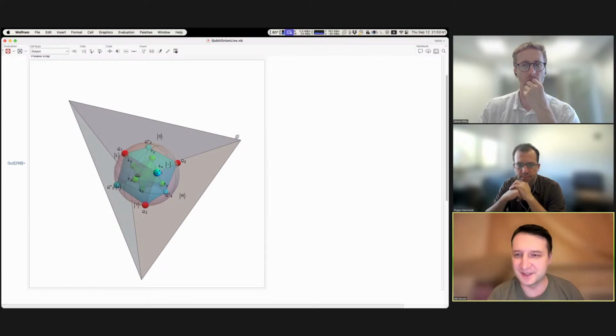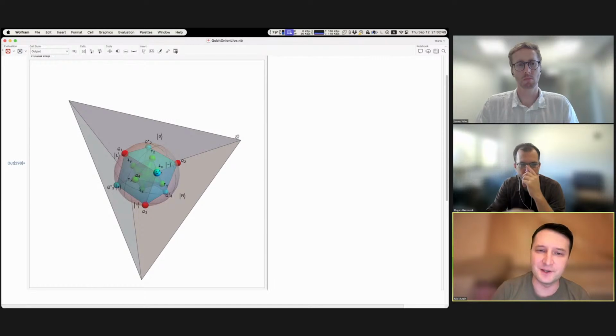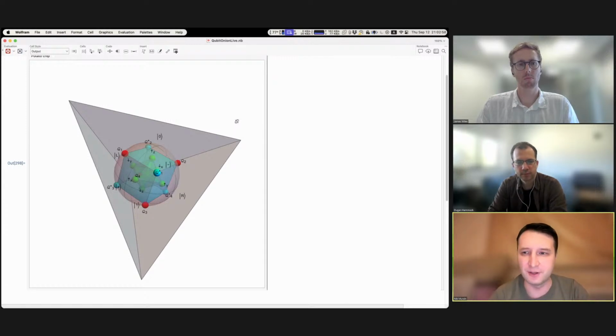And you can even identify a bunch of Platonic solids in there. Besides the sphere, there's a tetrahedron, a cube, and an octahedron, right? And they all have some kind of meaning that you can decipher from the quantum theory.